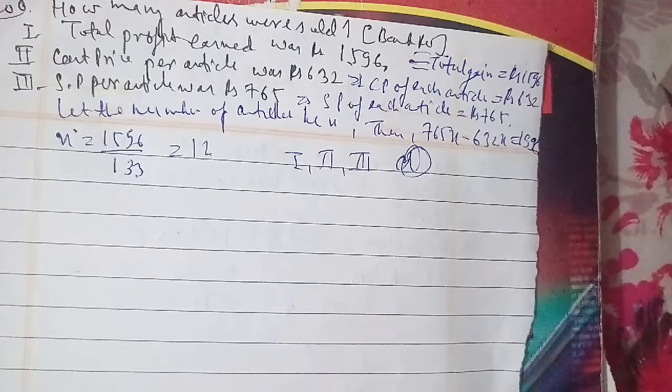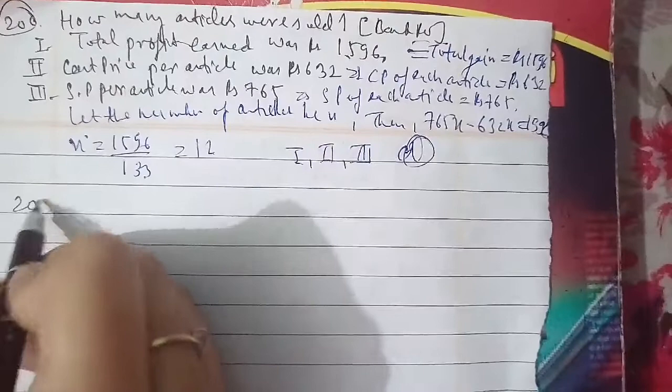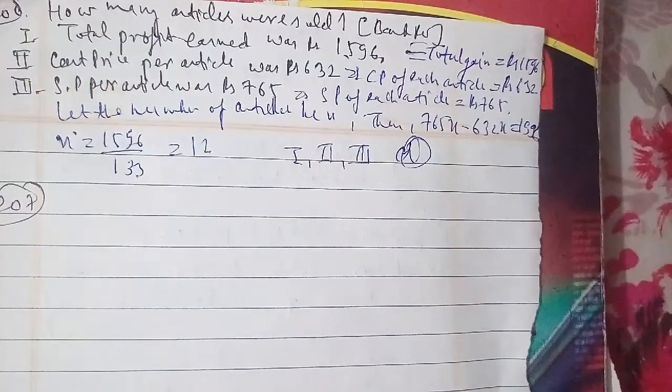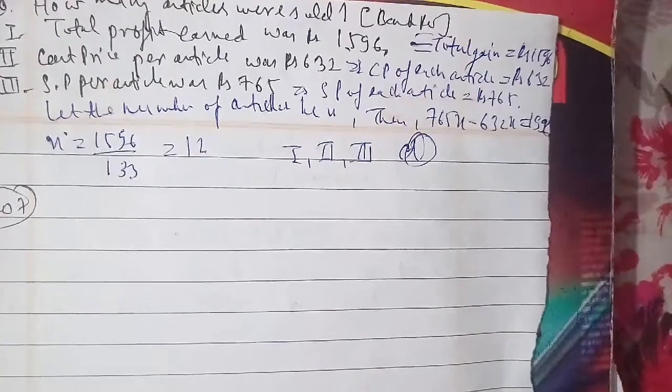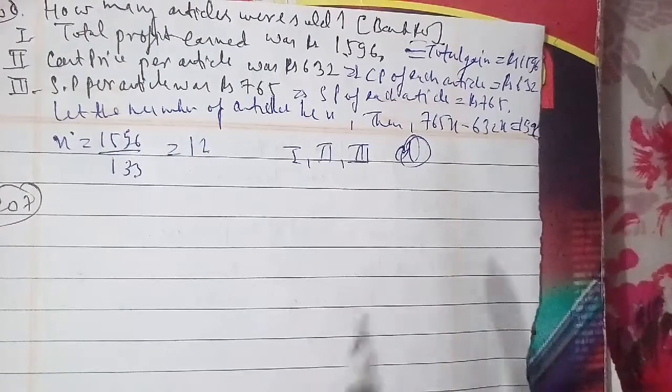Now we go ahead further, and we will discuss the 207th question of the session. What was the amount of the profit earned? This is the question here. This last question has also been asked in the bank PO.